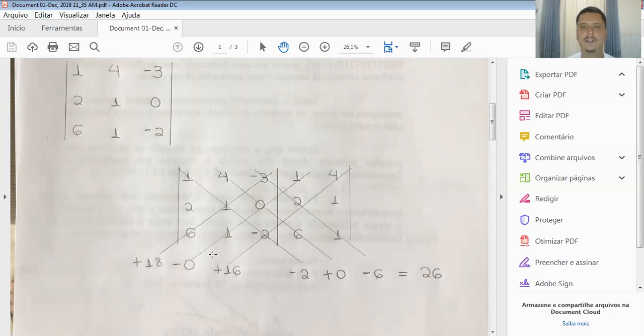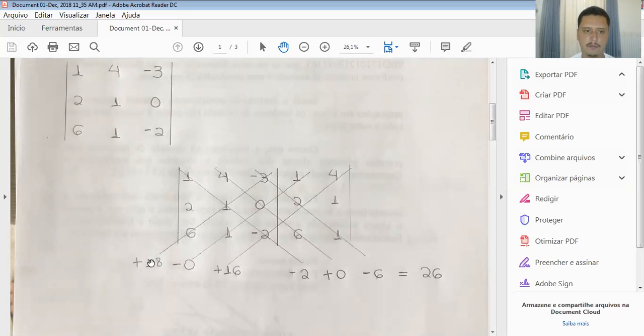Now I'm going to look at the ascending lines going left to right. For all of these products, I'm going to put a minus sign in front of it. In other words, I'm going to invert the sign. So we have here minus 3 times 1 times 6, minus 18. If I invert the sign, minus 18 becomes plus 18.